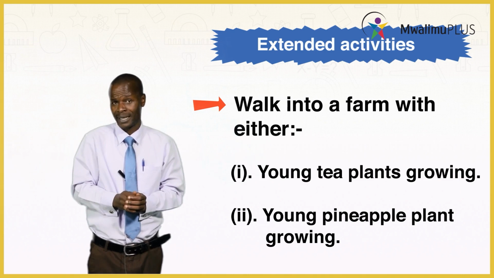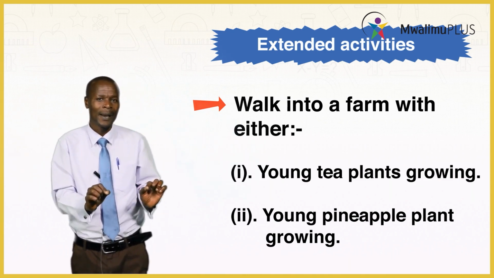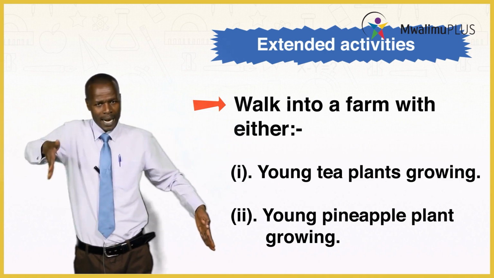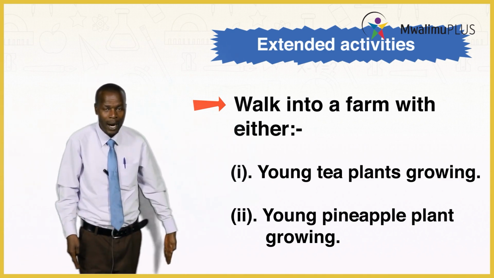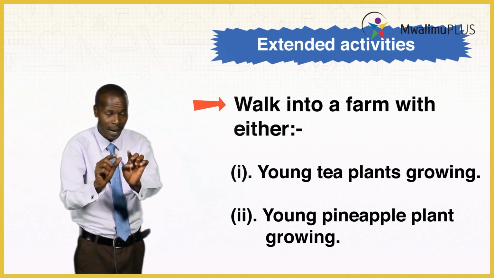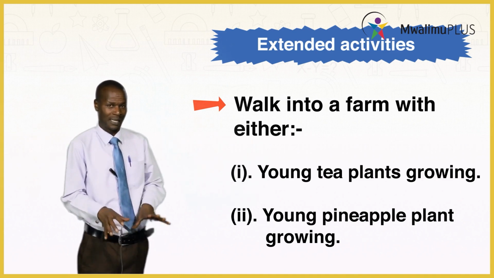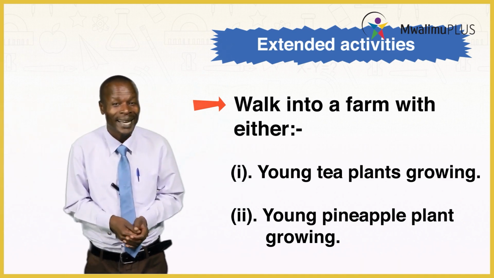Once you've counted the spaces created by one plant here, another one here, another one here, another one here, will enable you to know that surface. That's a small area. Now, how many of such surfaces do you have? That will help you to estimate area.